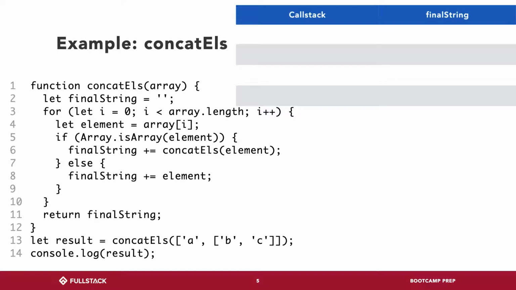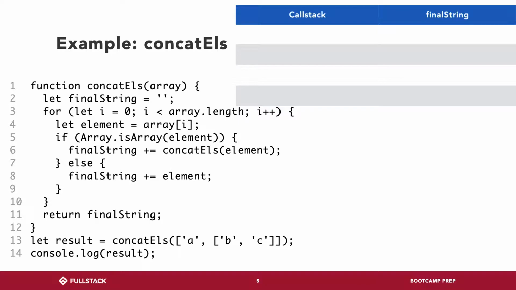How can we recursively do this? This is how. And we will walk through this solution. But before we walk through it, I just want to go over what this code is actually doing, right? We have the same thing, concat else, that takes an array. We have that same final string right there. Then we loop through that array. We check to see if the current element in that array is an array. If it's not, we just add that element to final string.